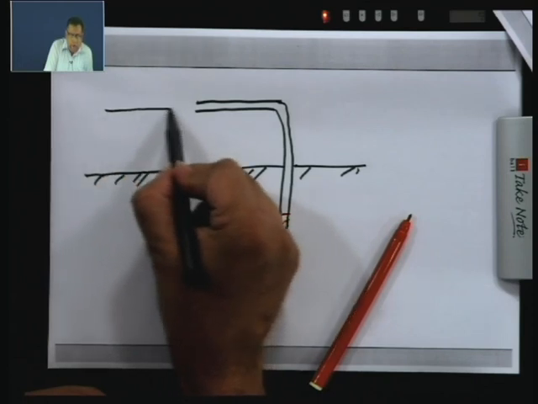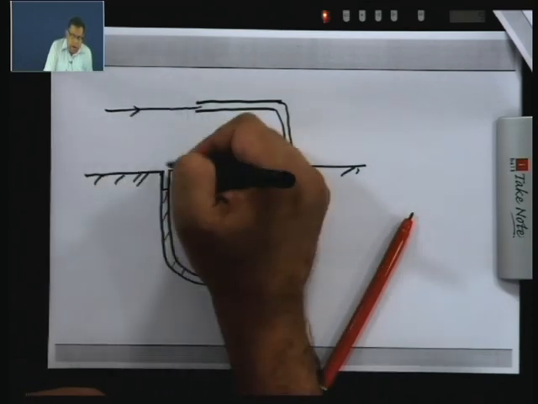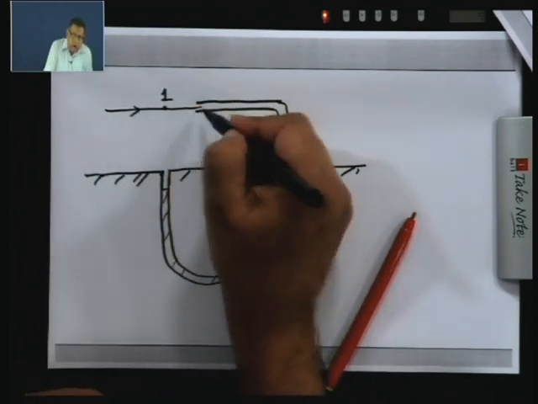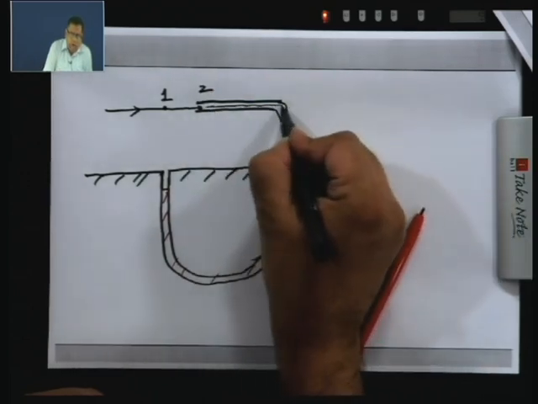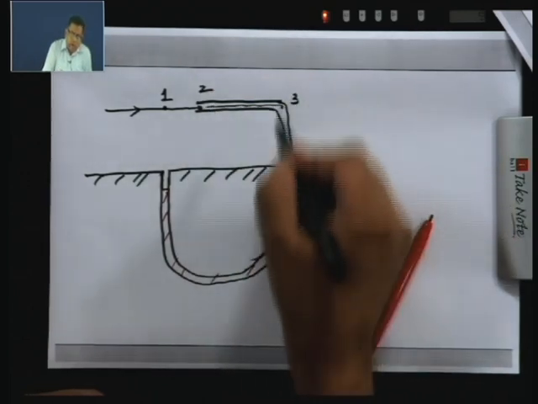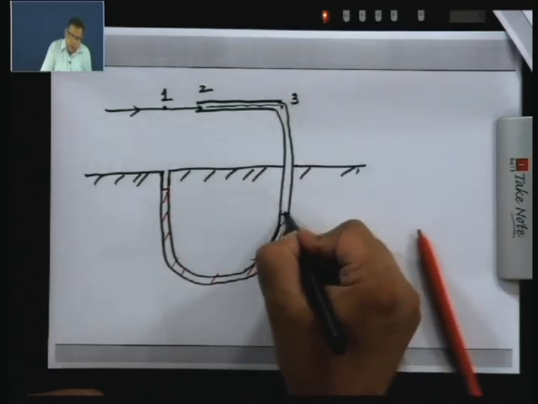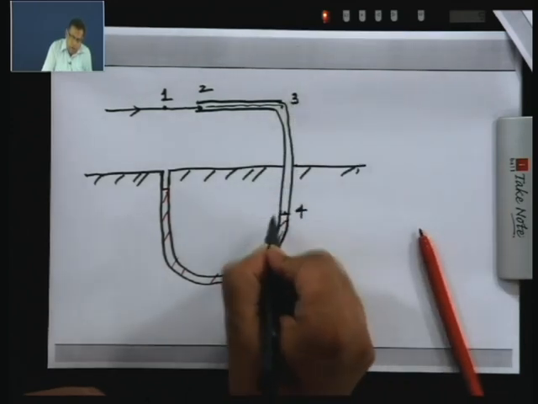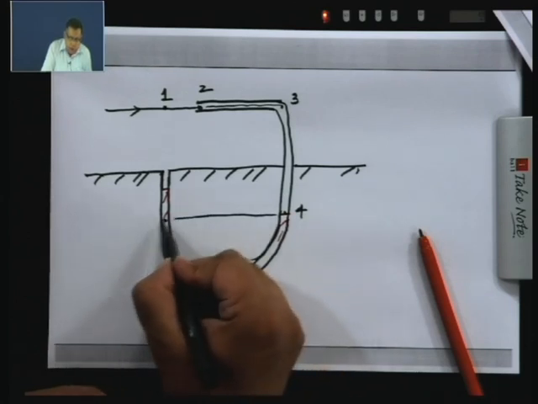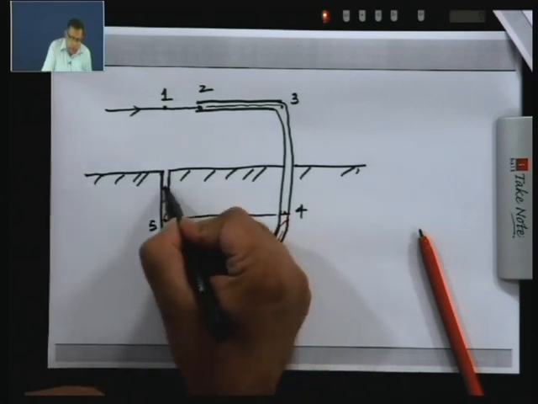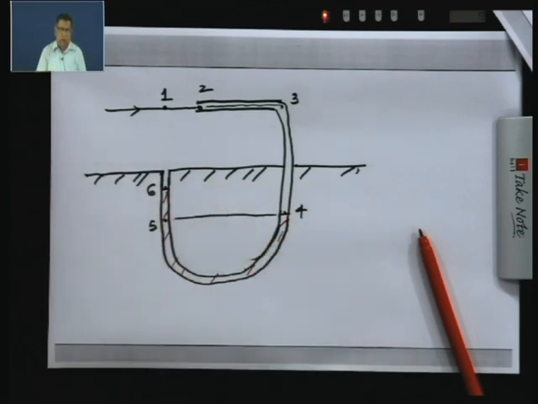Now, we were considering flow along a streamline, and this point we had called 1, this point we had called 2. Now, if you go along, this point you can call 3, this point 4, this point 5, this point 6.